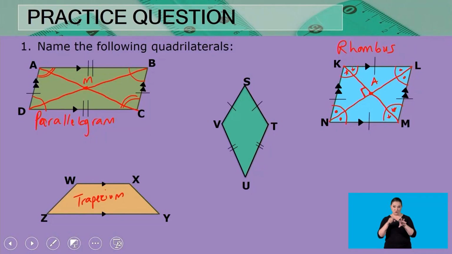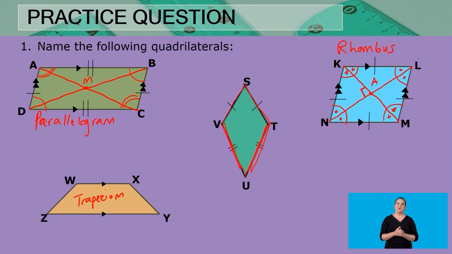Let's look at the next quadrilateral. Do you recognize that quadrilateral? What are we given here? Well, we are shown that SV and ST are equal. And when we look at those two sides, they are adjacent to each other. Then we are also shown that VU is equal to TU.